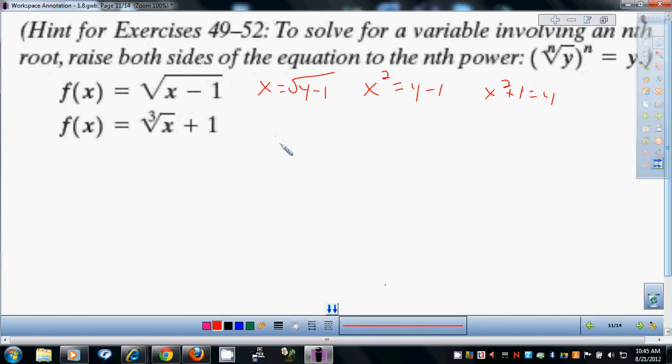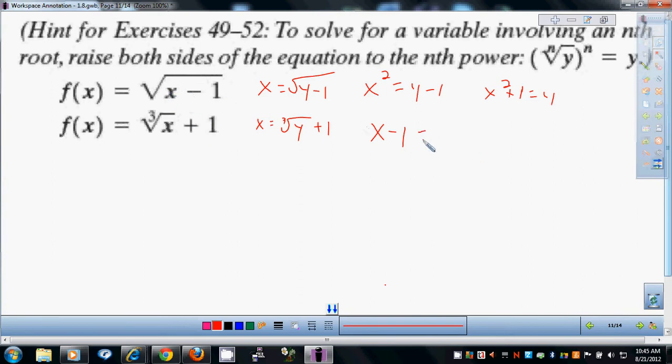Second one, let's see, that'd be x equals the cube root of y plus 1. Corey, what do I need to do? You're right, but what do I have to do before I do that? Yeah. That's different than this one because here the square root went with everything.